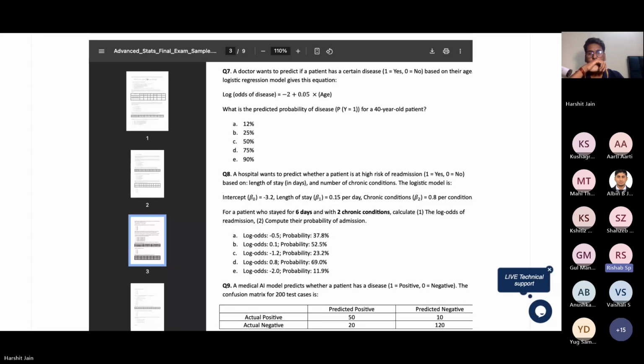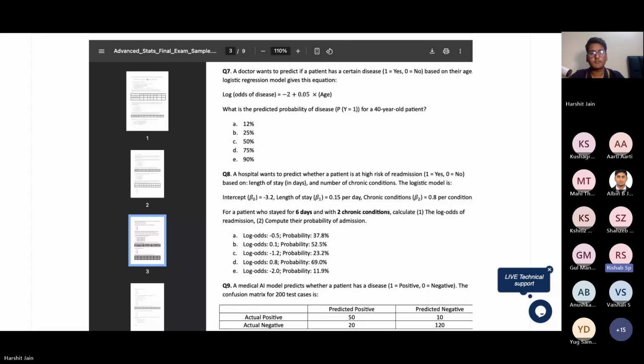Just a second. Let me copy this onto my Excel. We have length of stay, chronic conditions, beta 0, beta 1, beta 2, fine.